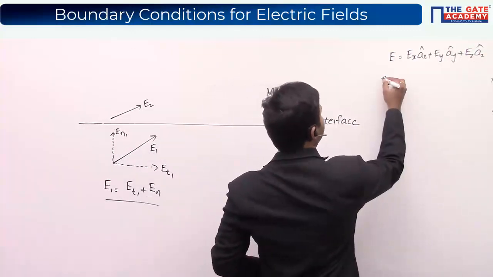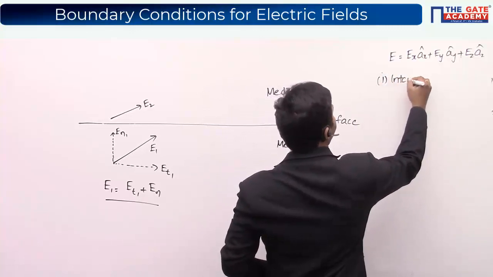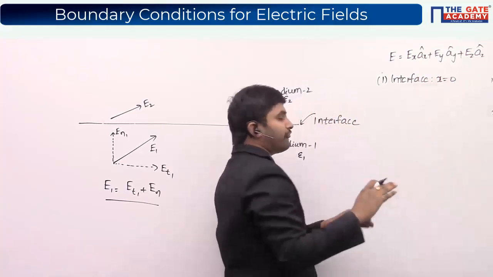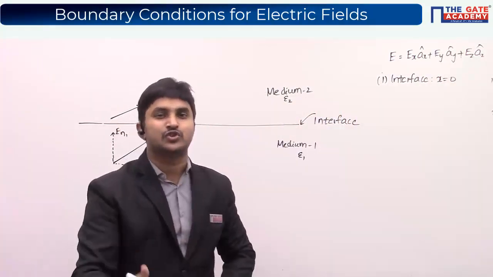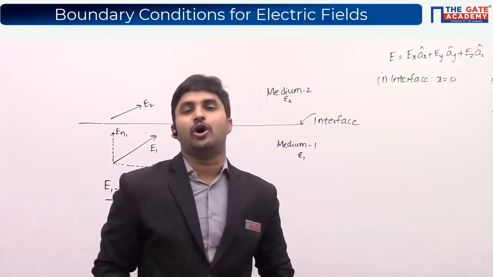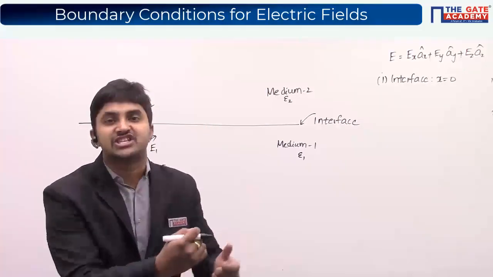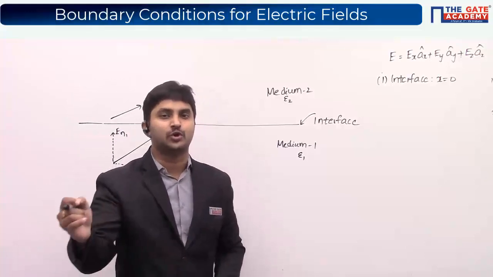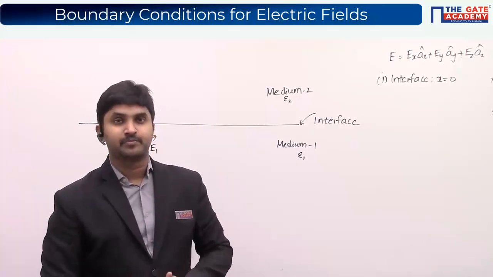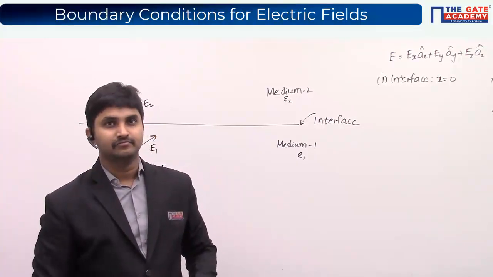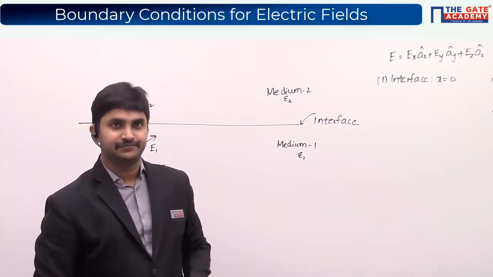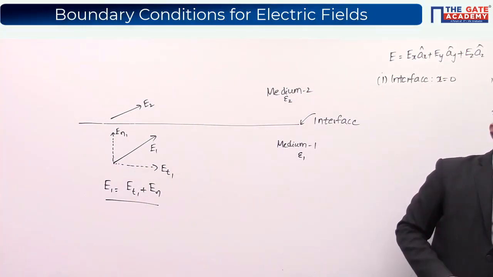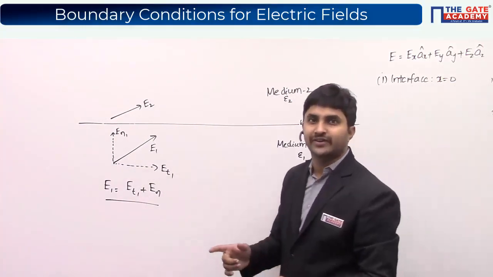Now if the interface is x is equal to 0, can you please tell me, for this interface, which component is going to be the normal component and which component is going to be the tangential component?